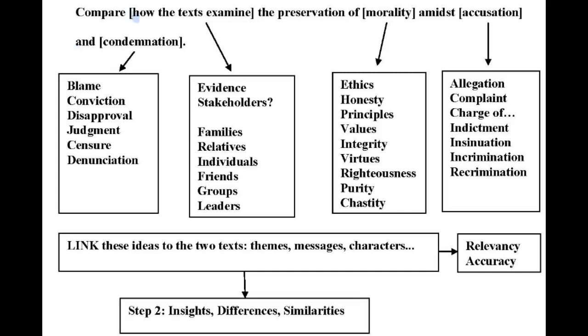Okay, so this is how I broke this particular prompt down. Examine here is the evidence from the stakeholders. So again, the same kinds of groups. I start to think of the text that we know in terms of these things, families, friends, individuals, stuff like that. Okay, compare is the question word. Okay, preservation of morality. Preservation is to keep. We don't need to do too much of that, but morality is one.